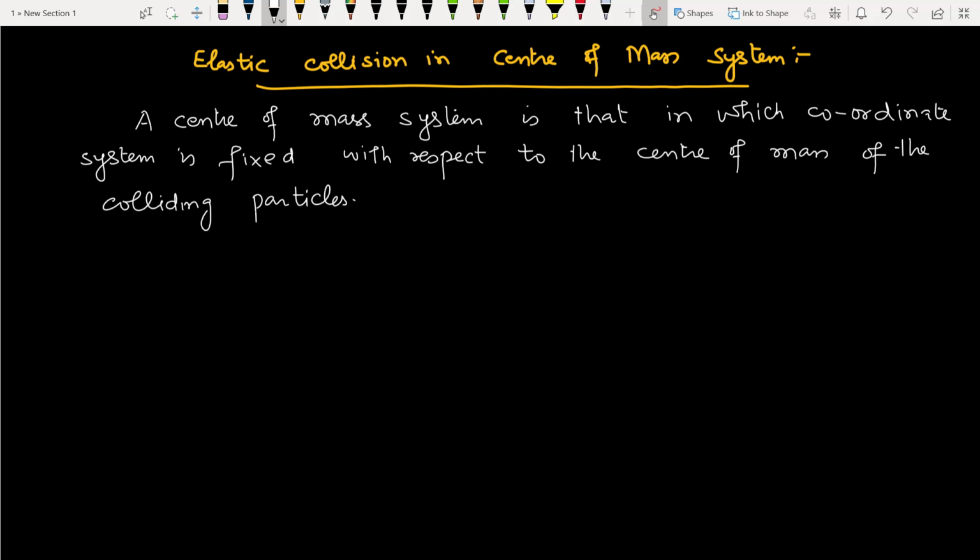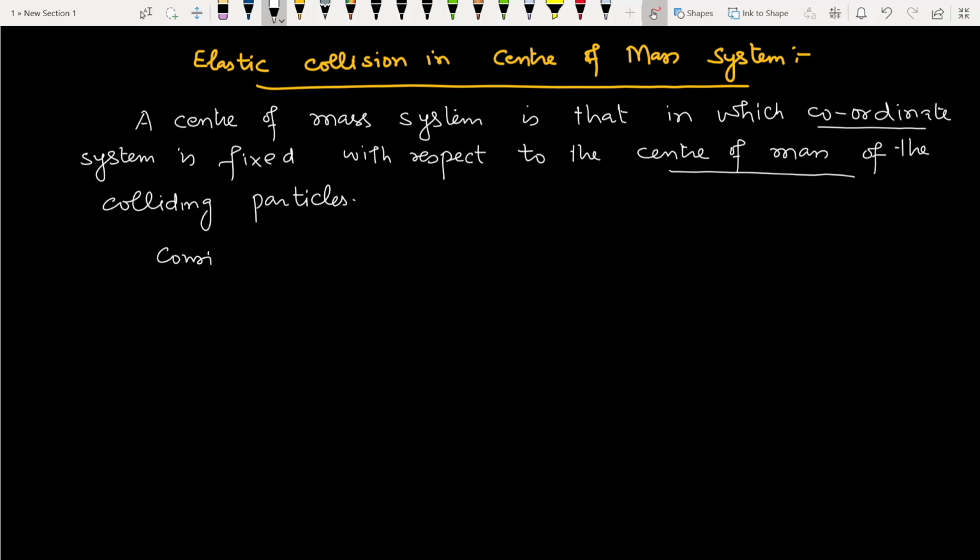So as center of mass system is nothing but our coordinate system, then the collision will be taking place in center of mass system.